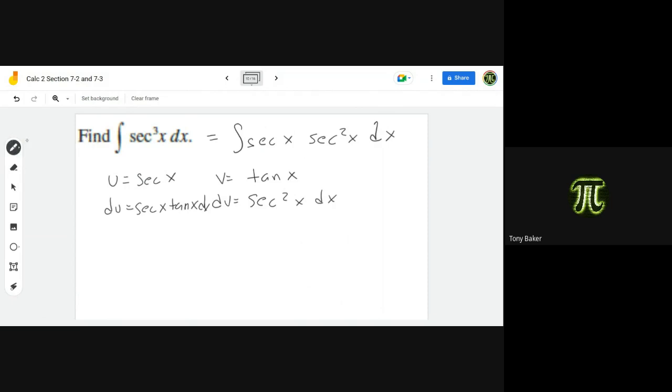The goal is to find things that you can easily do. So now let's see what we've got. It's u v minus the integral of v du.